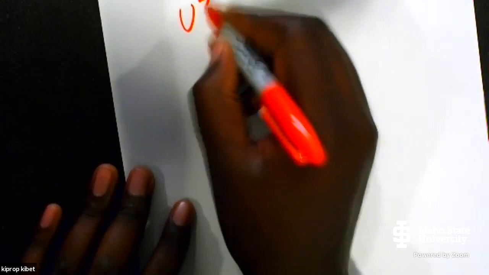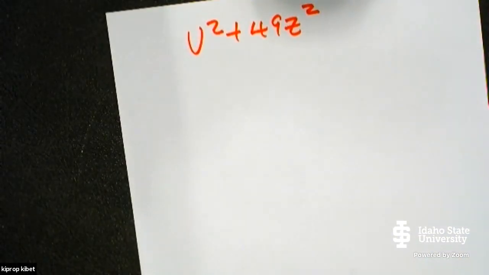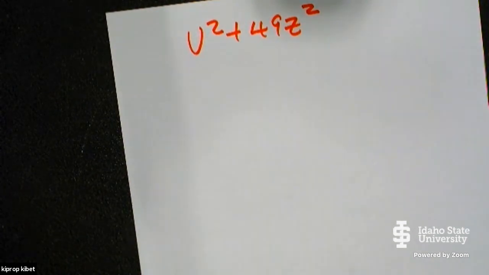Now, if you are given y squared plus 49z squared, is that a difference of squares? Is it?